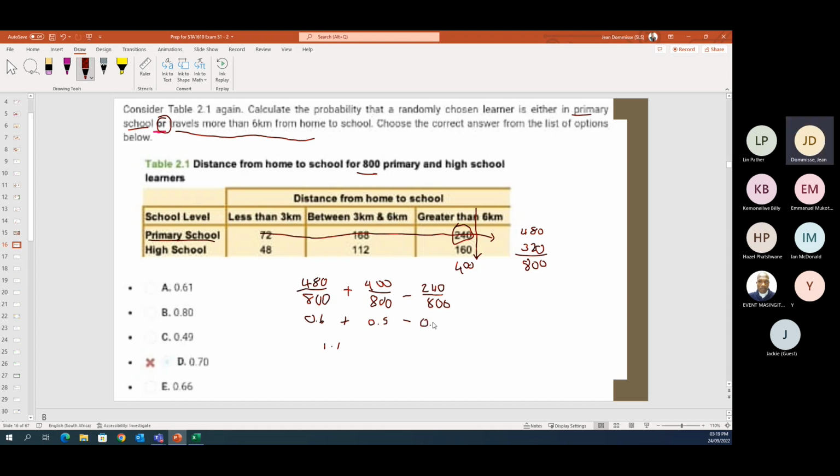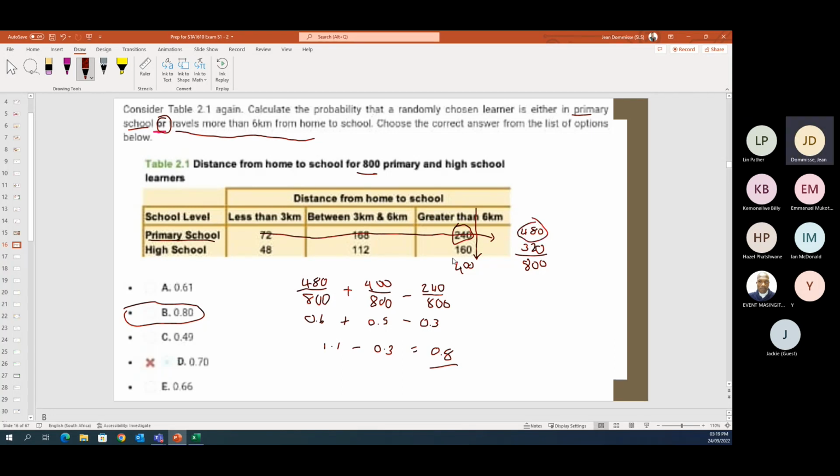So we still need to subtract the part that was in both. So 1.1 minus 0.3 is 0.8, which then is option B. And that's why, again, for me, it's easier when I look at this and I draw and write, because now it's easier to see, okay, those were the three that I summed to get the 480.